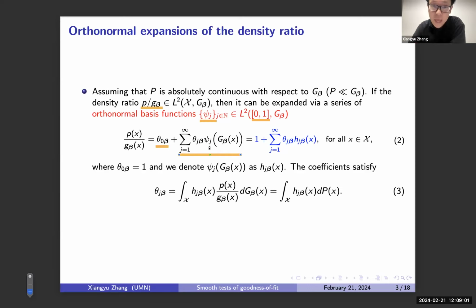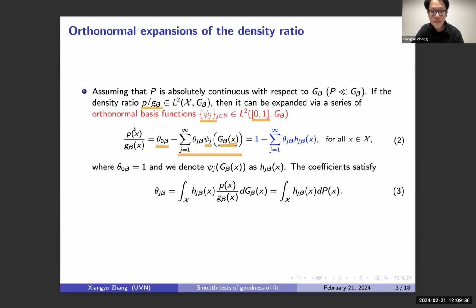Of course, you can write your expansion as phi_j of X. But here we write it as phi_j of G_beta(X), because every time we change the support, maybe we change to different frequency bins we are focusing on, we do not want to change our orthonormal basis functions. So we instead apply what is called a probability integral transform, so that your orthonormal basis functions are always defined between 0 and 1.